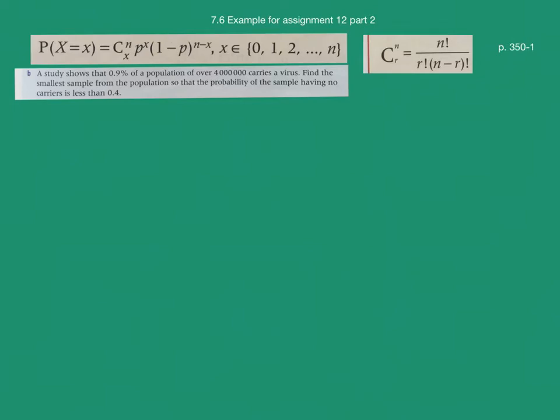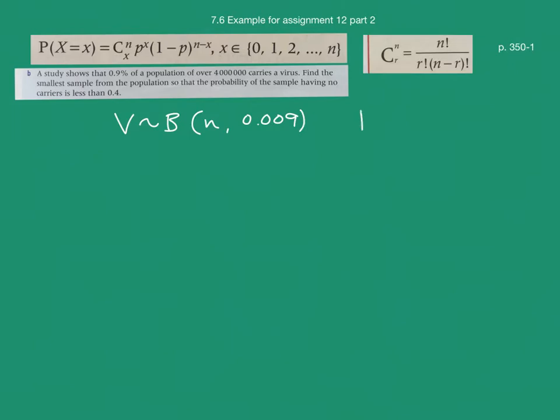And we saw that we couldn't solve this directly on the calculator, so we have to do part of this by hand. So we have our variable, which is binomially distributed with the parameters n and 0.009.